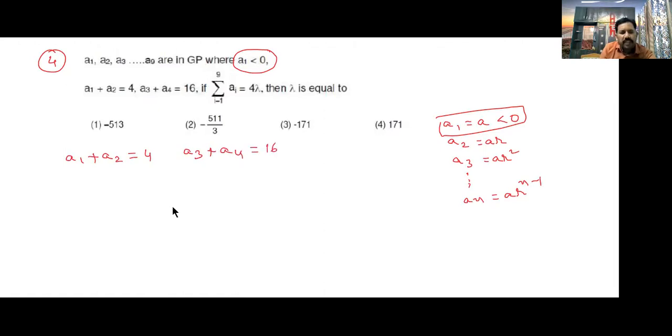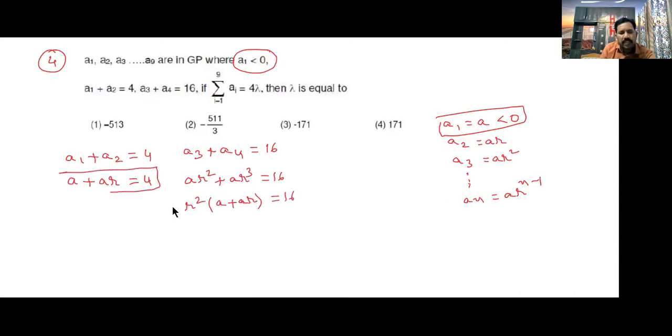A1 means a, A2 means ar, that is equal to 4. Here ar square plus ar cube is equal to 16. Take r square common here, remaining is a plus ar, that is equal to 16.